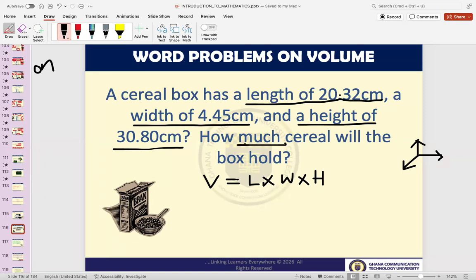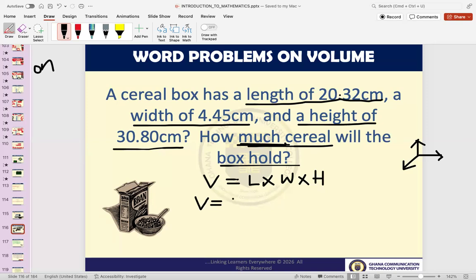The how much means: what is the volume? How much cereal will the box be able to hold? That's the volume. They may not tell you to directly find the volume, but you yourself should know that when they are asking you how much cereal will the box hold, it's about the volume. So you take your time, you pick your calculator, and I'm sure one of you is having a calculator because I'll ask for the answer.